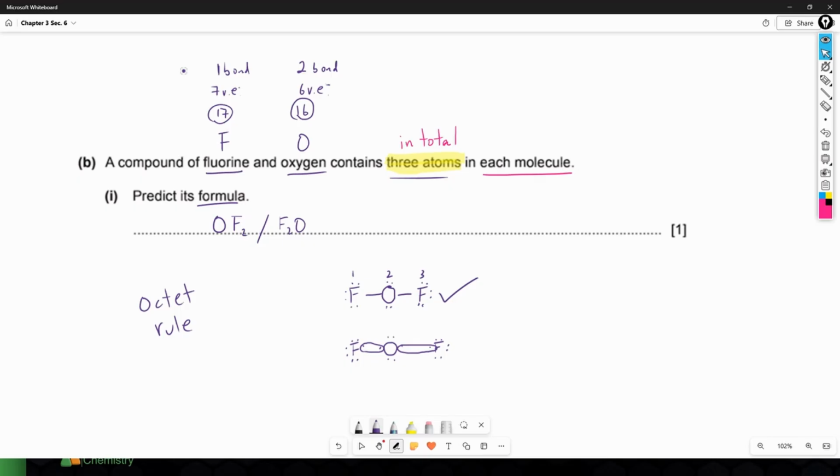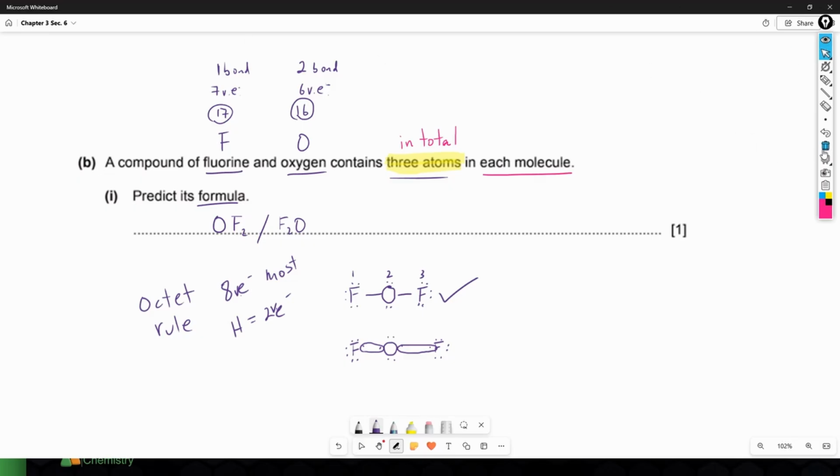Now, normally that means 8 electrons, except for hydrogen, that means 2 electrons for hydrogen. Most things only 8 electrons, because most noble gases have 8 valence electrons. But for hydrogen, that's going to mean 2 valence electrons, or electrons in total, because hydrogen only has so many electrons. All right, and that's how we answer this question.